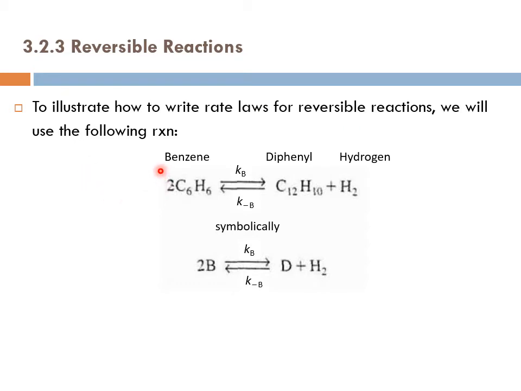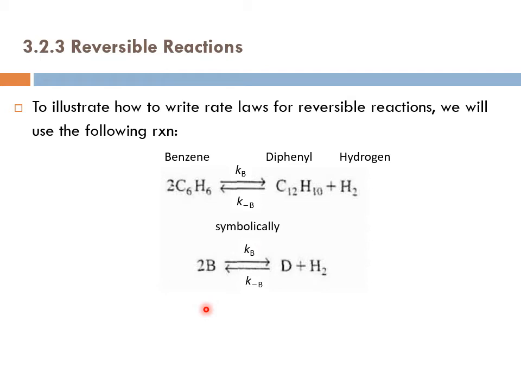Two molecules of benzene form one molecule of diphenyl and one molecule of hydrogen. Symbolically, we can write it as 2B reversibly produces D plus hydrogen. Let's look at these two symbols. Here we have k_B.